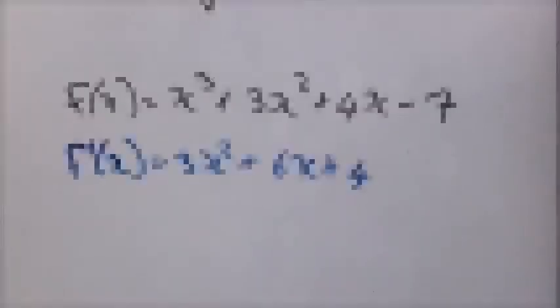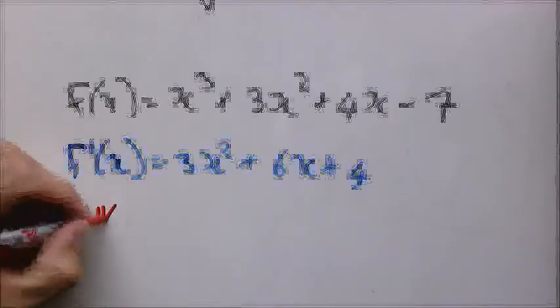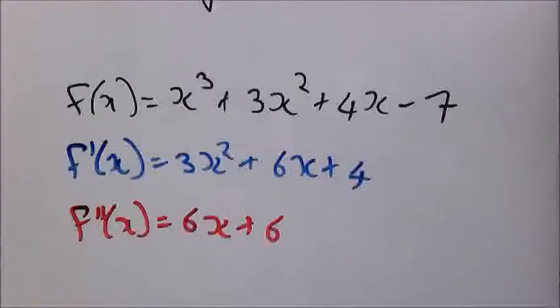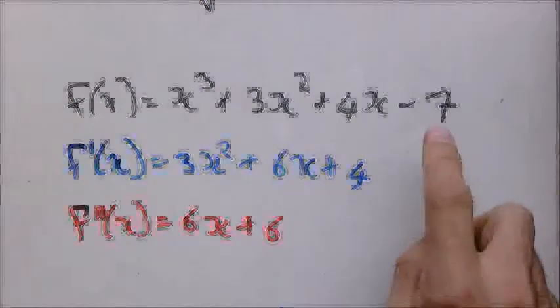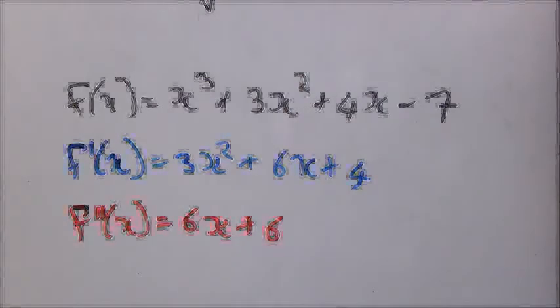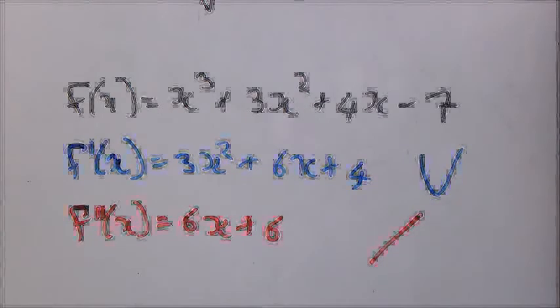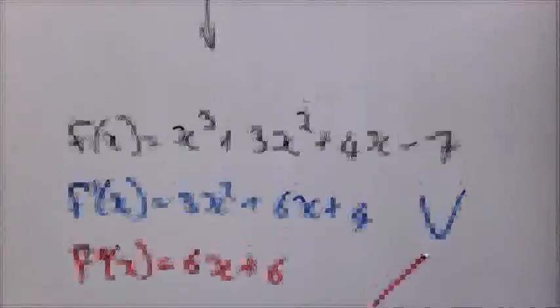And from there on we can get the second derivative, 6x plus 6 in this case. Okay. This is a cubic function. You can clearly see that the first derivative is a positive parabola, and the second derivative is a straight line. Okay, keep that in mind, and it will be confirmed when we look at the graph now.